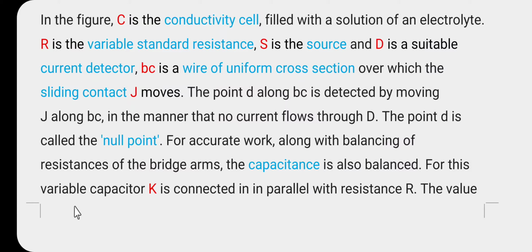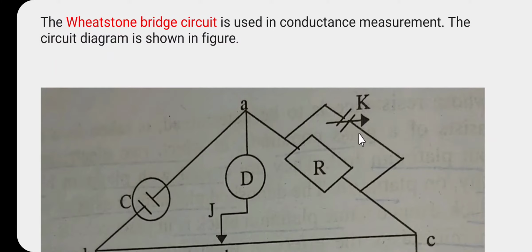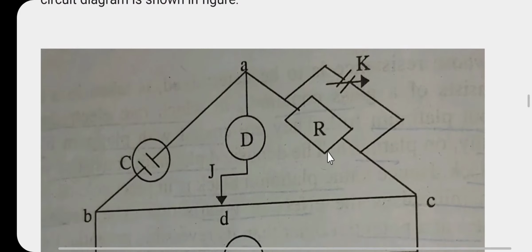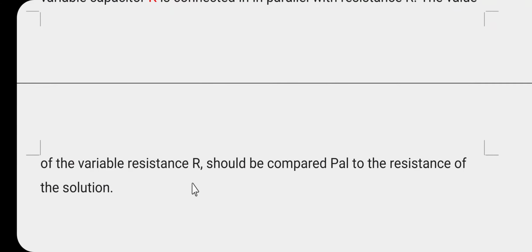For this, the variable capacitor K is connected in parallel with the resistance R. The value of the variable resistance R should be comparable to the resistance of the solution.